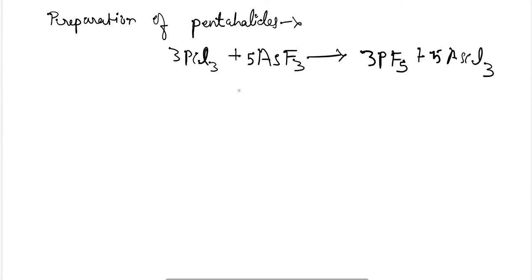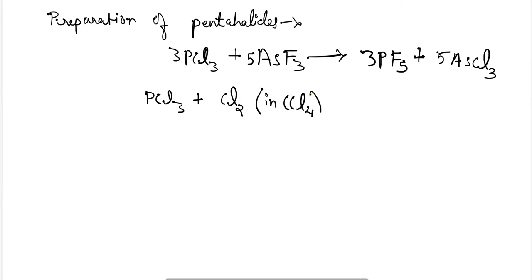Here phosphorus chloride is reacted with arsenic fluoride to form three molecules of phosphorus pentafluoride and five molecules of arsenic trichloride. Similarly, PCl3 can react with Cl2 in carbon tetrachloride to form PCl5.